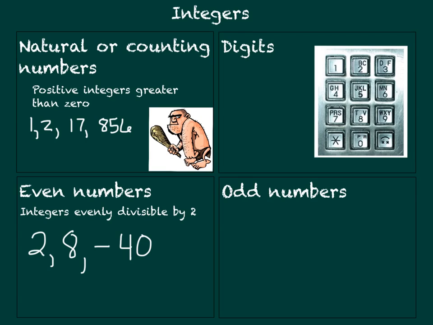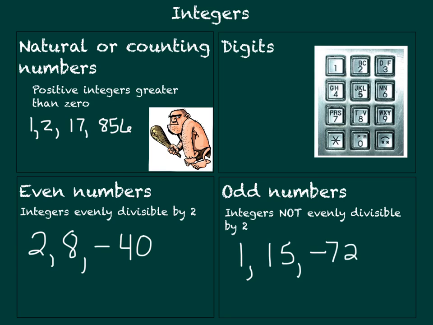Anything that's divisible by 2 evenly. Our odd numbers are integers that are not evenly divisible by 2. For example, 1 or 15 or negative 723. And then we have that one special number that is neither, and that would be 0.